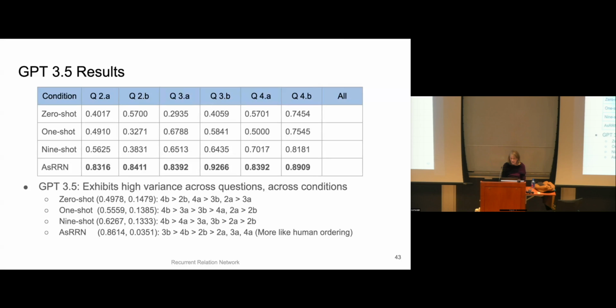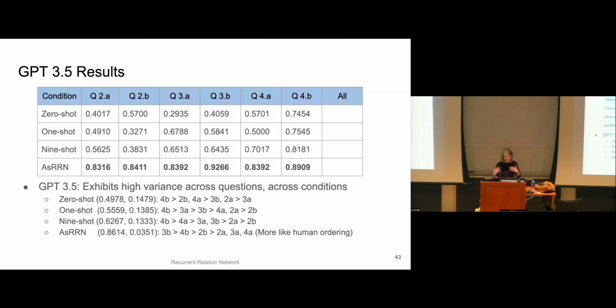But another thing that I think is interesting is that the variance is higher with GPT than it is with ASRN across the questions. And also the question difficulty is not the same as the question difficulty that would be like a human's question difficulty.